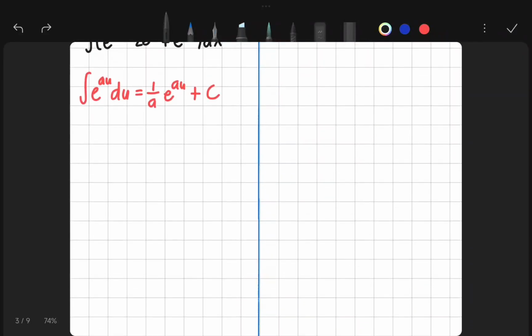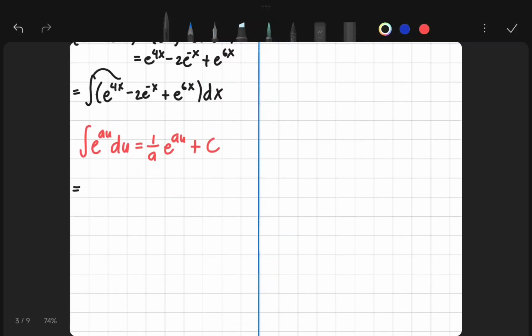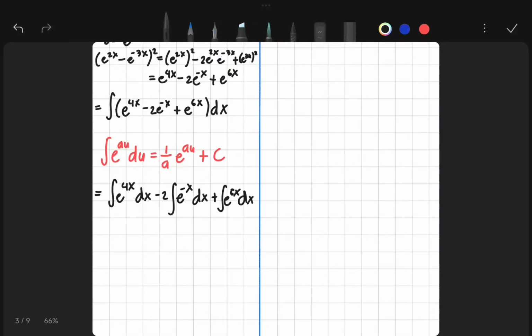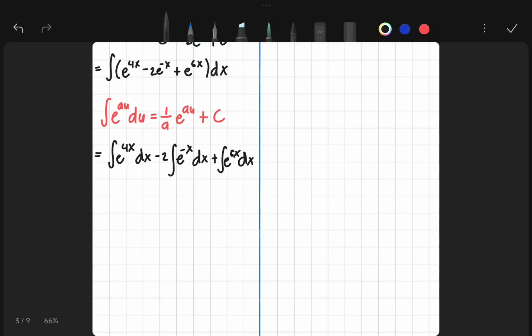Okay, so again, let's apply that. Before that, let's separate or distribute the integral sign together with the dx. So this will become the integral of e raised to 4x dx, and for the second term we have negative 2 times the integral of e raised to negative x dx, and lastly plus the integral of e raised to 6x dx. So let's apply this one.